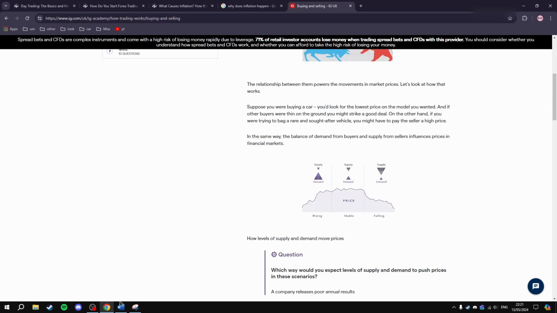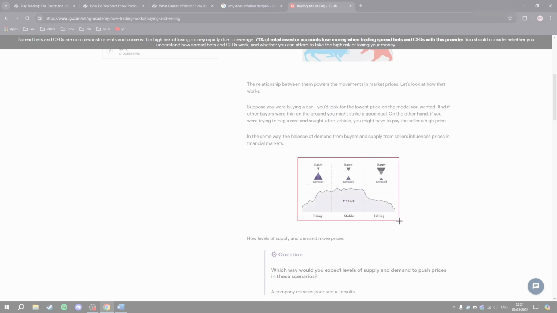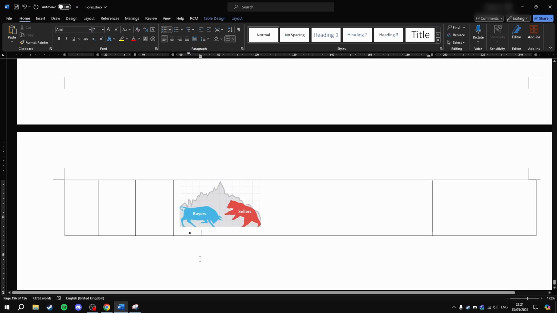Supply and demand. So, supply and demand powers the movement in the markets.